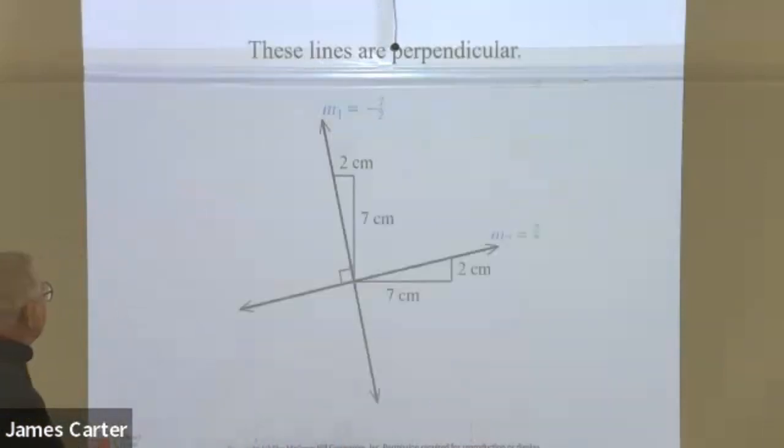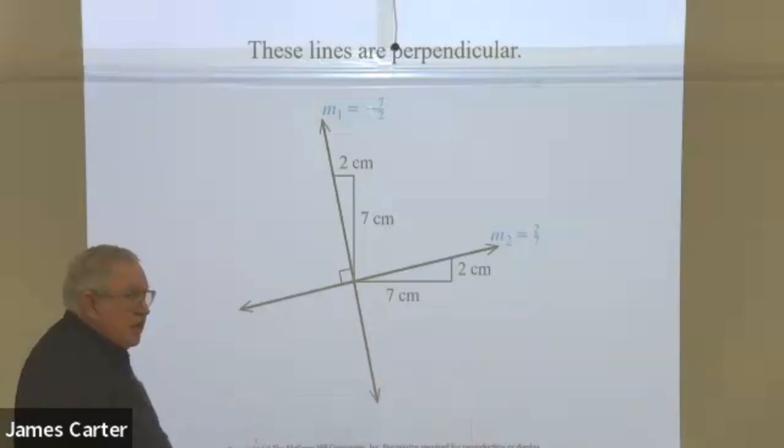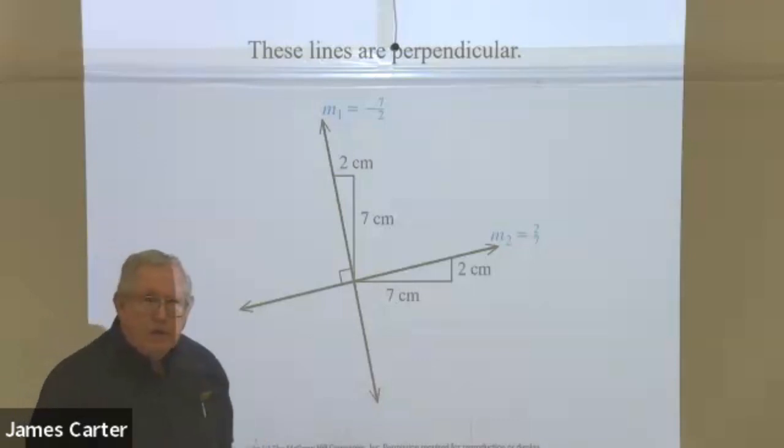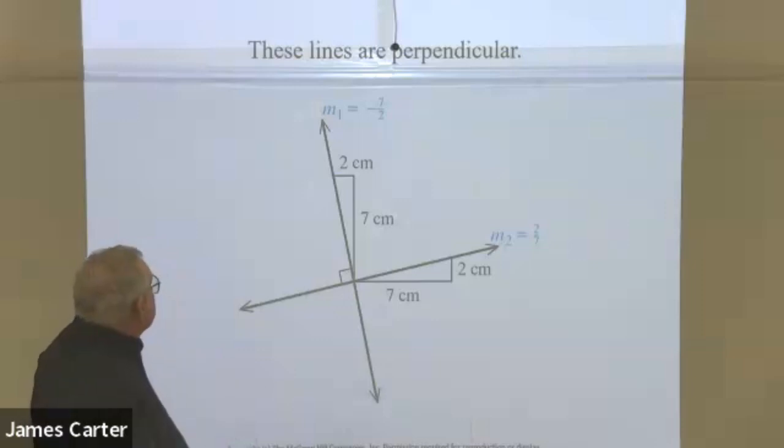Okay, here's an example. The slope of this line is -7/2. It's going downhill because of that negative sign on the slope, on the m. Okay? I taught you about y = mx + b previously, and this m is the slope.